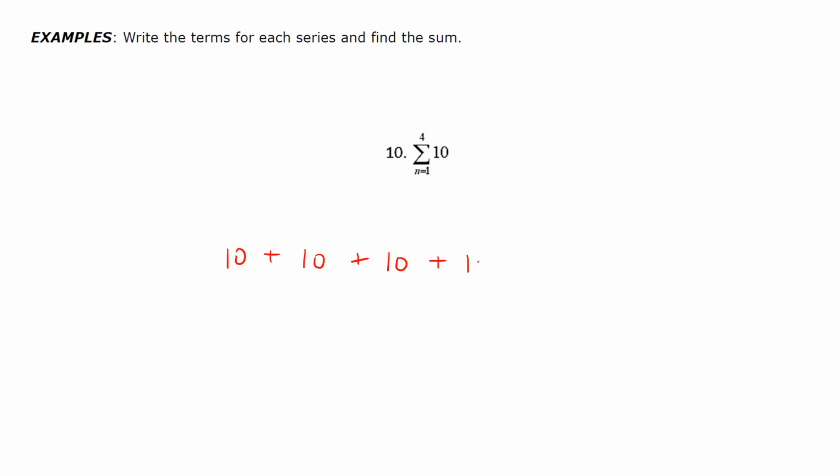And the fourth term would be 10. So our summation of the first four terms would be 40. There's no n being multiplied to 10. So the expression for each term in the sequence is going to be 10.